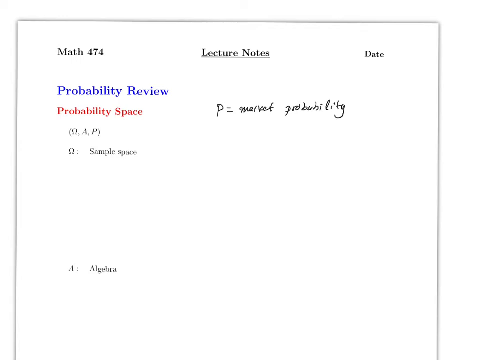So omega is the sample space. Remember, the sample space is the set of all possible outcomes or all possible simple points.